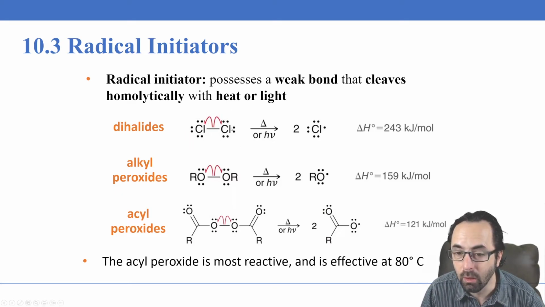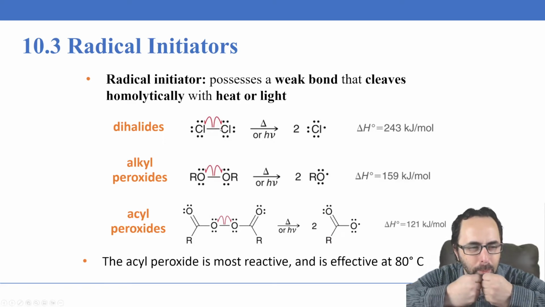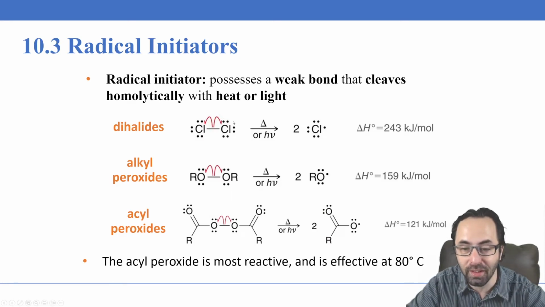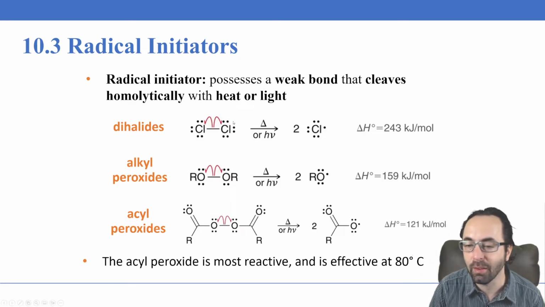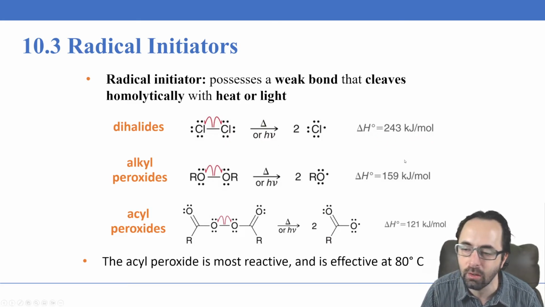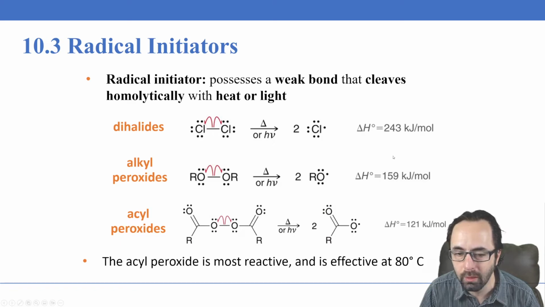In the case of the chlorine and the fluorine, they're weak because each atom is electronegative and wants to pull that bond apart. They're both pulling on the electron. And so that really helps a homolytic cleavage step happen, because each atom wants its own electron. And so that's pretty easy to initiate with ultraviolet light or heat. Very, very low bond dissociation energy here, quite low, 243 kilojoules.